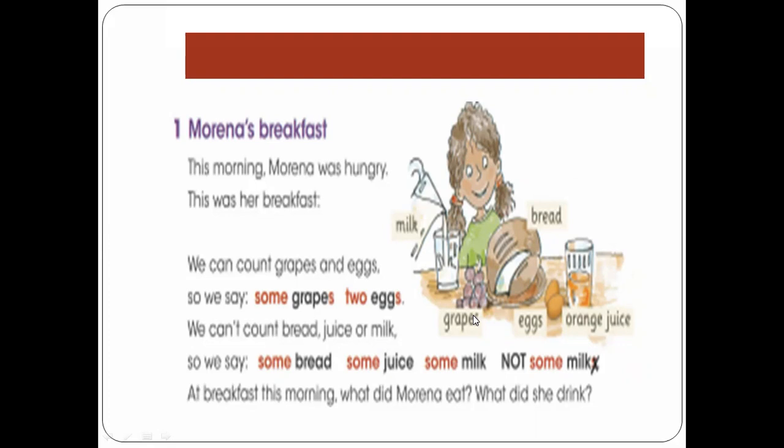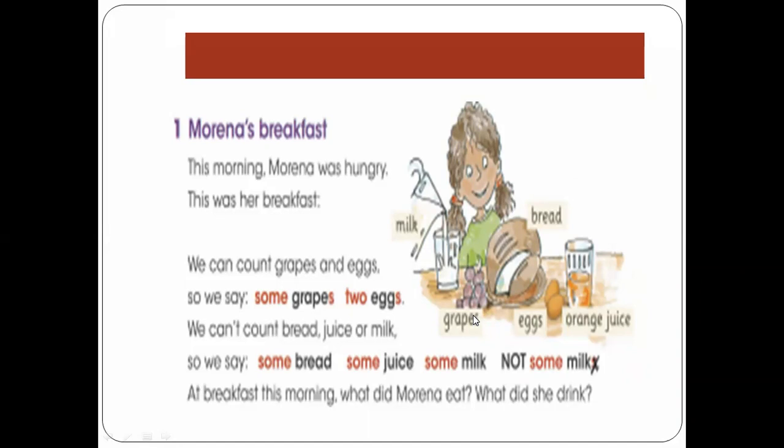At breakfast this morning, what did Marina eat? What did Marina drink? So at breakfast in the morning, Marina took 2 eggs and some grapes with some milk and some orange juice. Understand, boys?